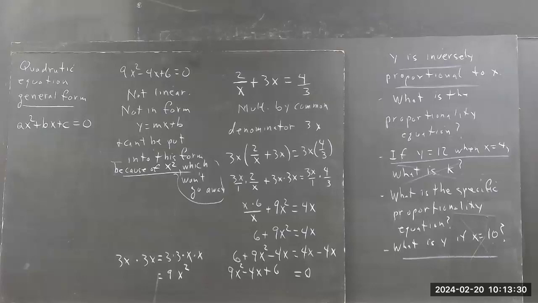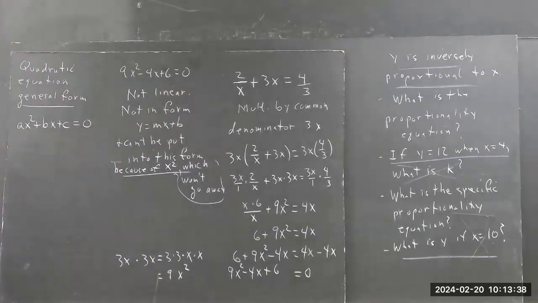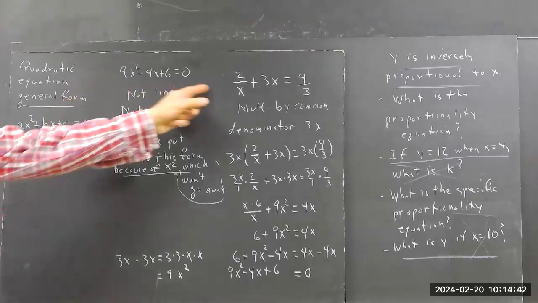Now, is this equation in the general form? Look at this equation and look at this form. People answer quite well on this. I asked, what would you replace a by in order to get this equation?